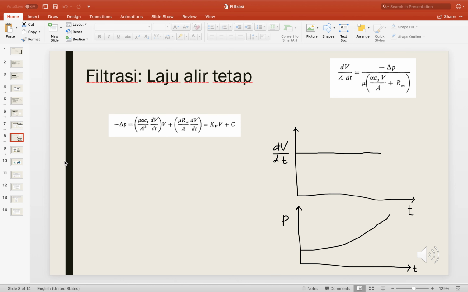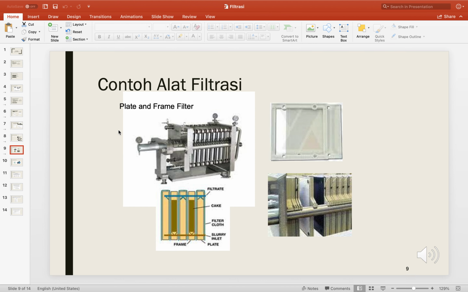In industry, this is an example of filtration equipment. Here we can see the plate and frame filter. In the plate and frame filter, this is the frame, and you have a lot of plates here. It can start from 20 plates to even 100 plates or more. How it works is basically almost similar to how a plate heat exchanger works.